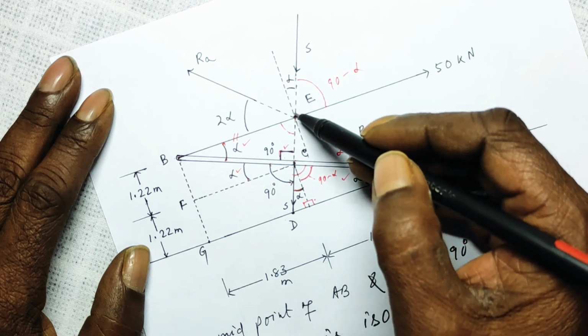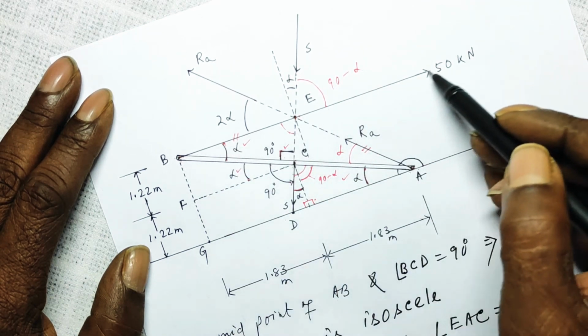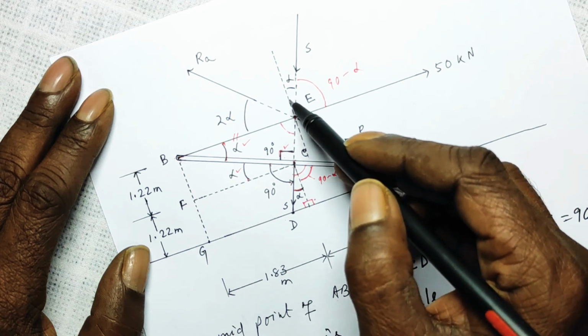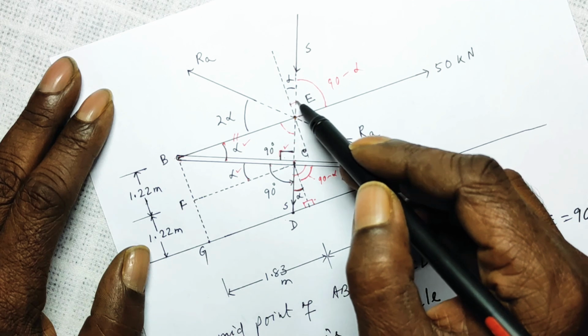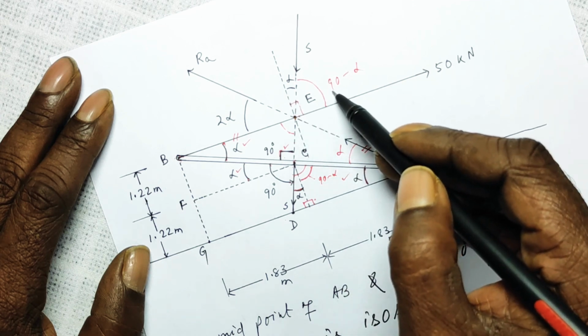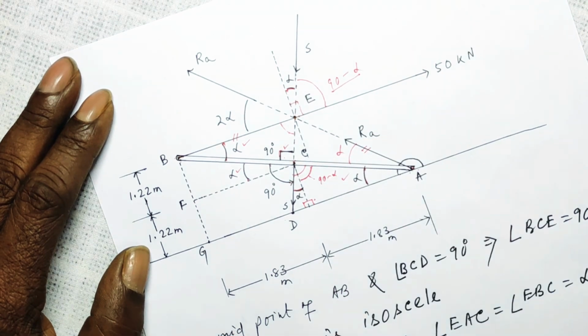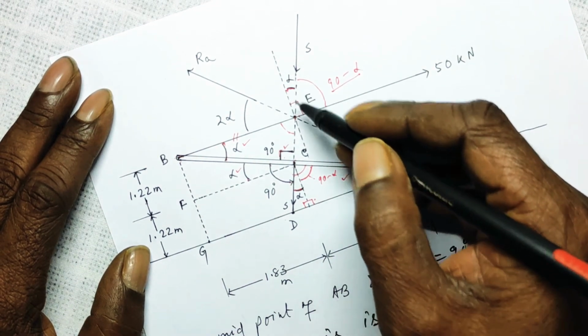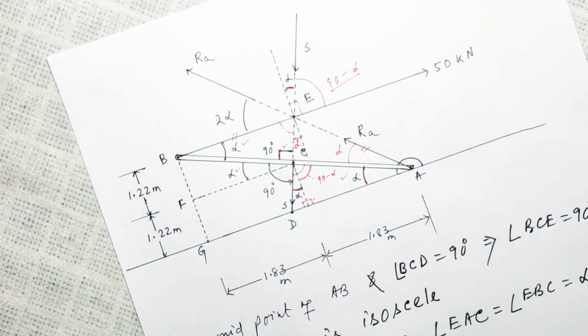And the angle between the x-axis and y-axis at this point is 90. We just explained this is 90 minus alpha, so we are left with alpha. This alpha is vertically opposite to this, so this will also be alpha.